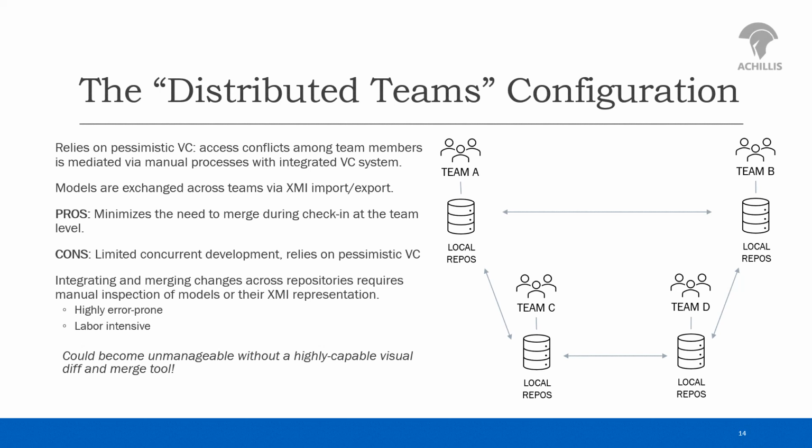The cons is limited concurrent development because it relies on pessimistic version control. So integrating and merging changes across repositories require manual inspection of models or their XMI representation, which is highly error-prone and labor-intensive. So just like before, this could become unmanageable without a highly capable visual diff and merge tool.